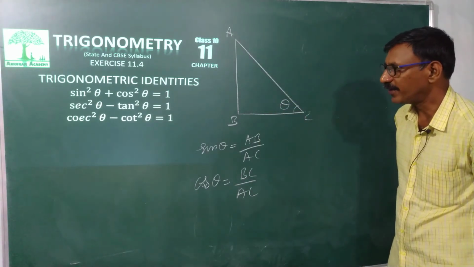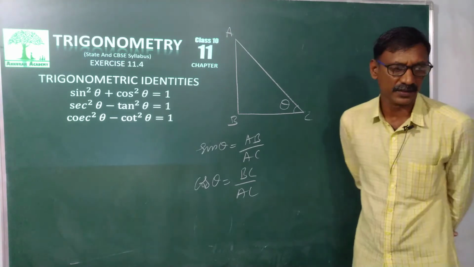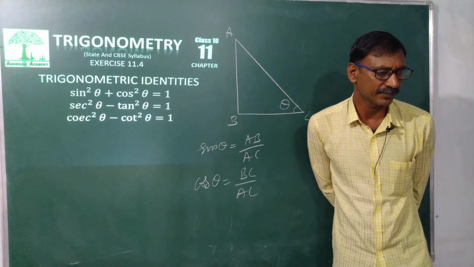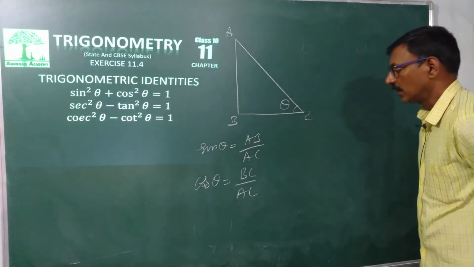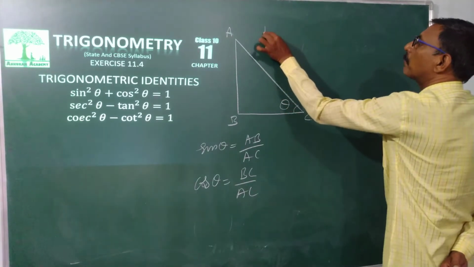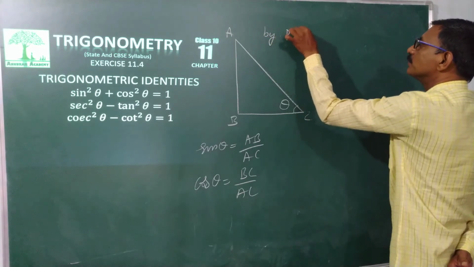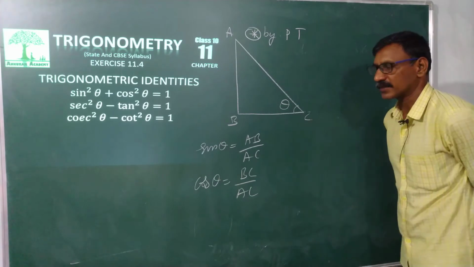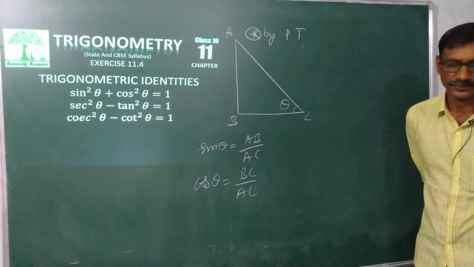And every time we are applying Pythagoras theorem to find the relation between three sides. By Pythagoras theorem, this is very important to prove sin square theta plus cos square theta equals to 1.